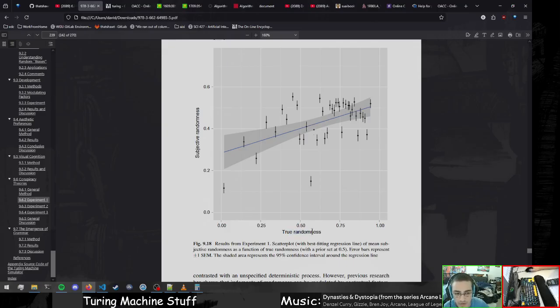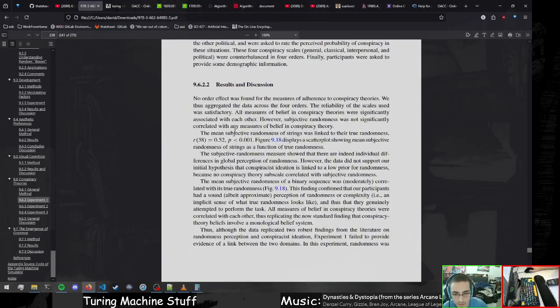True randomness? So there is somehow a link between subjective randomness. But what about the... let's see. Subjective randomness was not significantly correlated with any measures of belief in conspiracy theory. In the mean, subjective randomness of strings was linked to their true randomness.